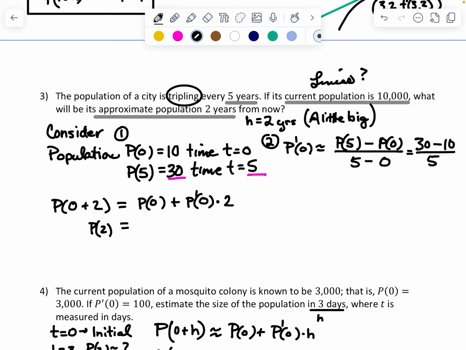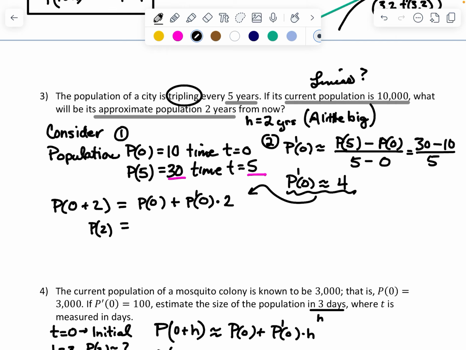We get 4, 20 over 5. So p prime of 0 is approximately 4. Okay? So now that we have that, we're going to come back over here and get our approximation for 2 years from now.